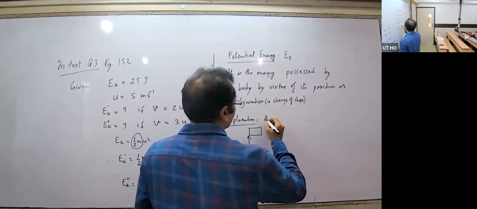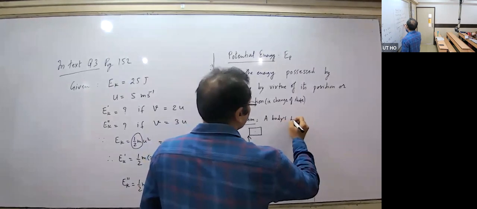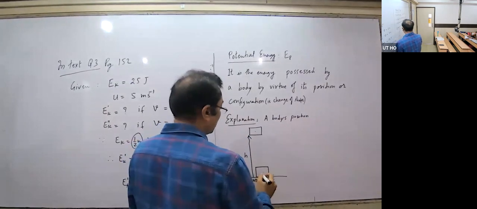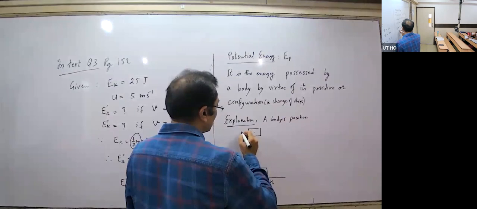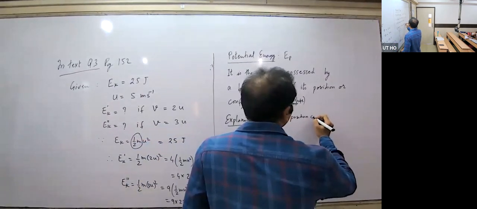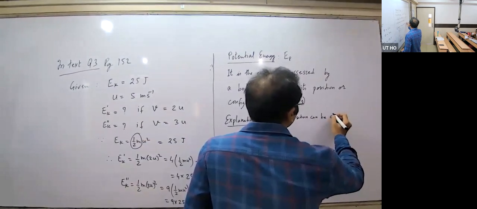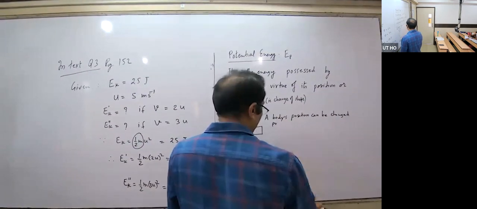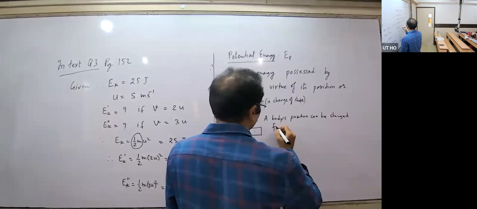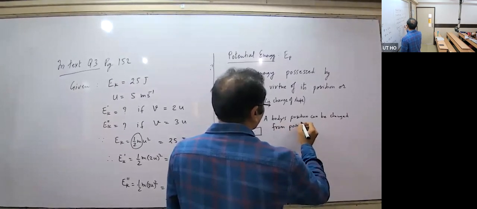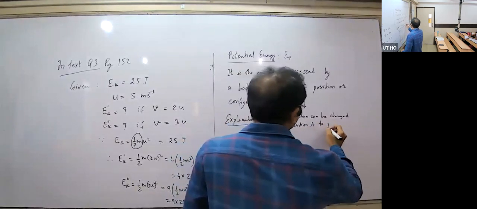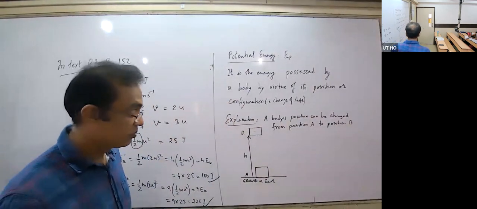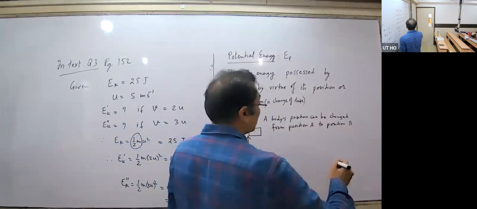Let's say this position we call A, and this position we call B. Body's position can be changed from position A to position B by lifting it.